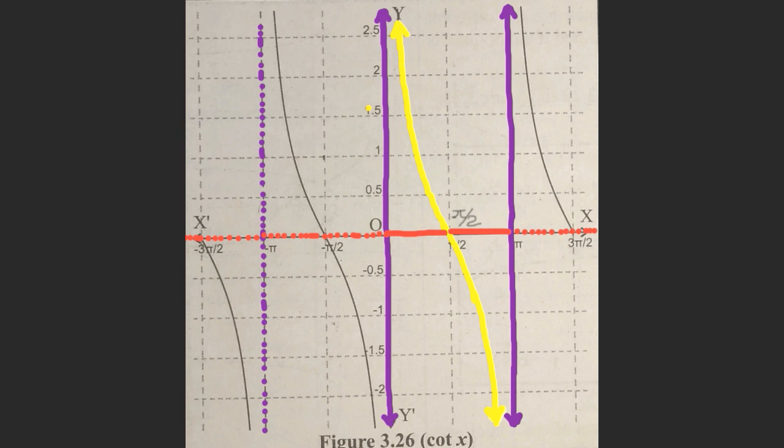The next property is about continuity. Here, the cotangent function is also a discontinuous function because the graph of the cotangent function is not continuous in domain R along x-axis, as shown by yellow lines.